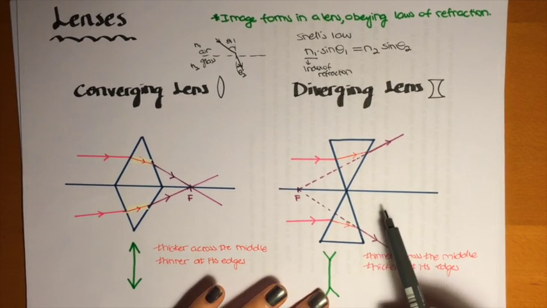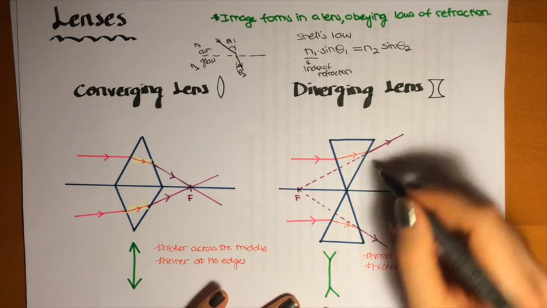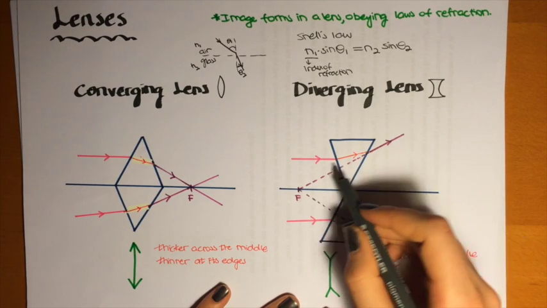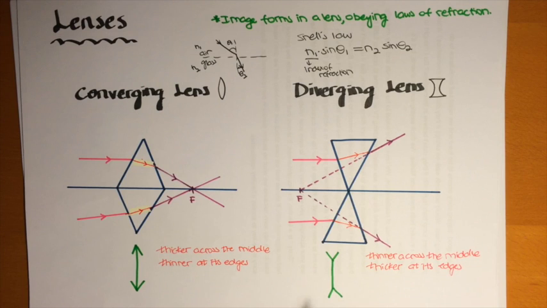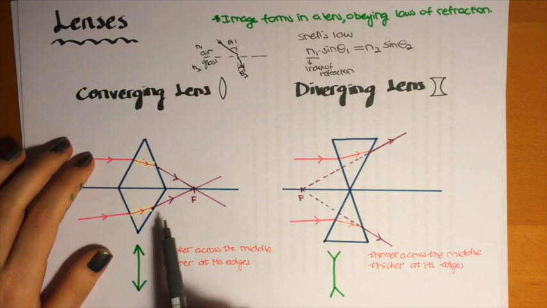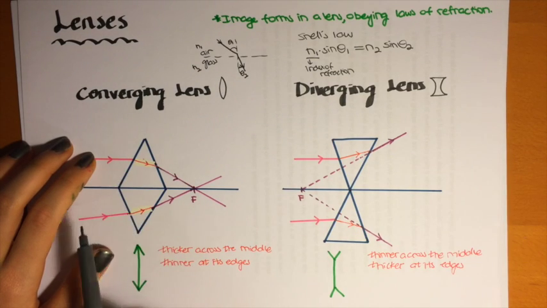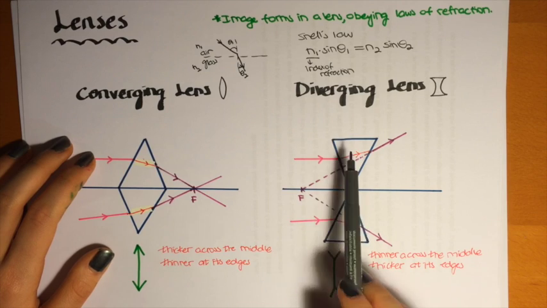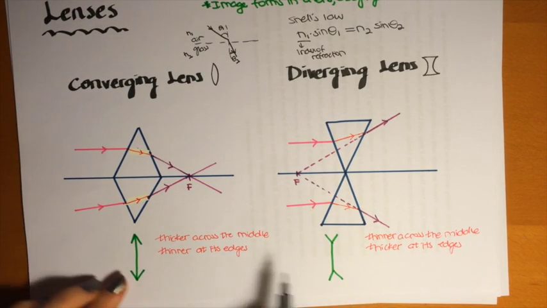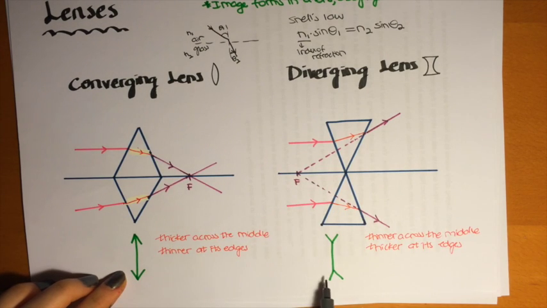In a diverging lens, when I face these prisms this way, they diverge the light away from the focus. And a converging lens is thicker across the middle, it's thinner at the edges. And a diverging lens is thinner across the middle and thicker at its edges. And we usually show these lenses not with their actual shapes, but with symbols with arrows like this.